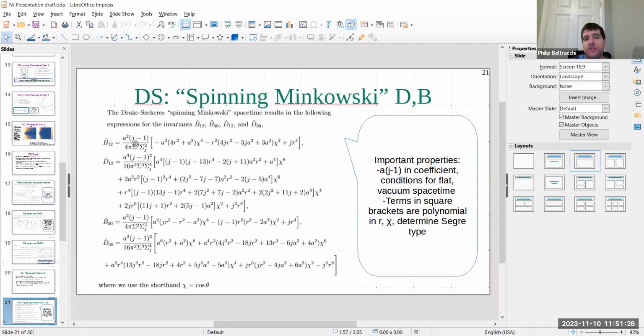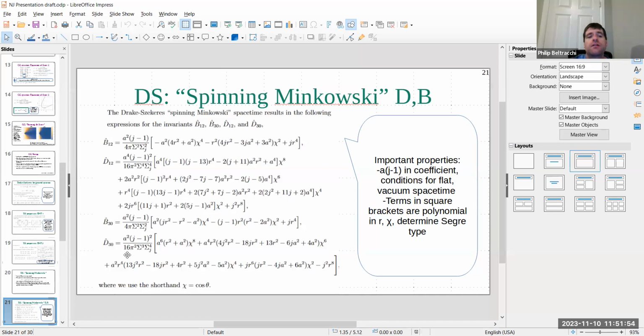All of these components have a power of A and at least one power of J minus 1 in the front. So if A goes to 0 or J goes to 1, all of these will go to 0 because we're back to a flat vacuum space-time. These terms out front also don't change sign as we move throughout space-time.